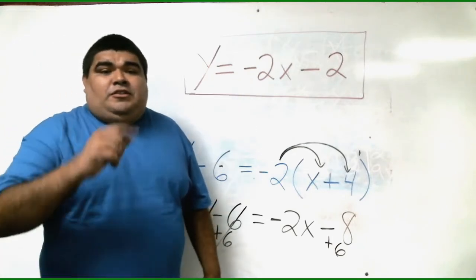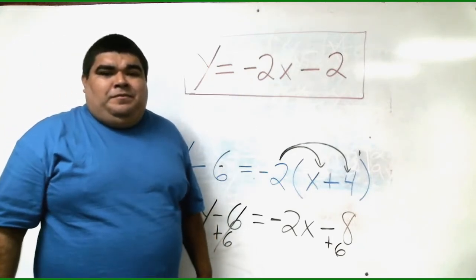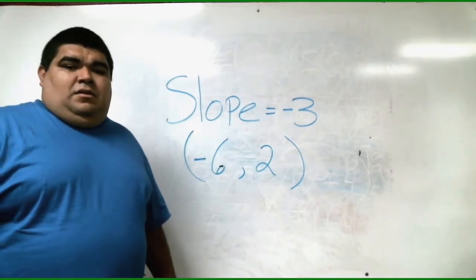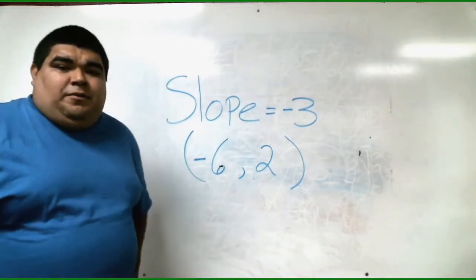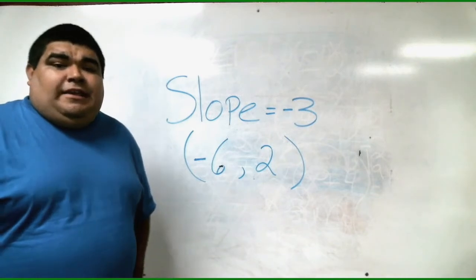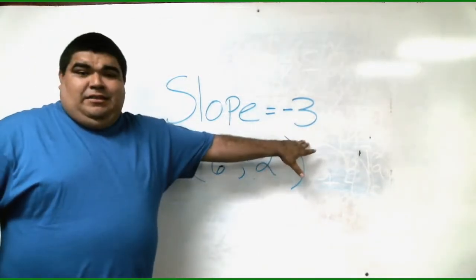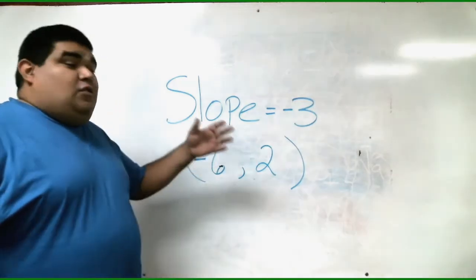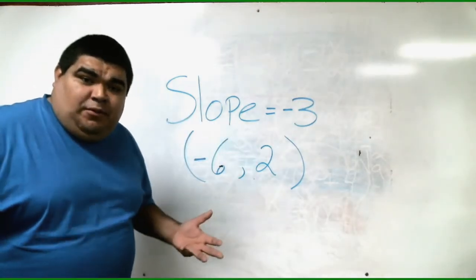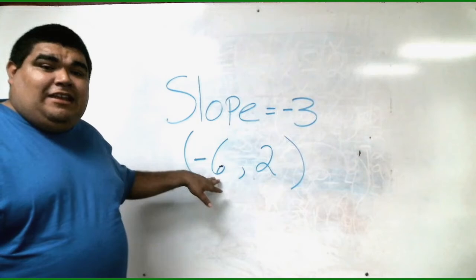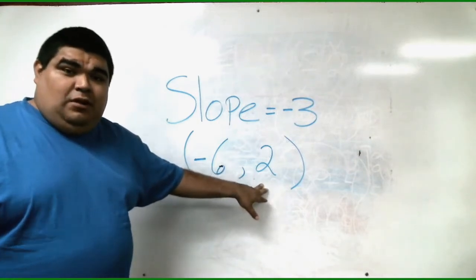So here's your assignment for today. All right, guys. So the assignment for today is the slope is given to you, which is negative 3. Okay? The coordinate the graph passes through is also given to you, which is (-6, 2).